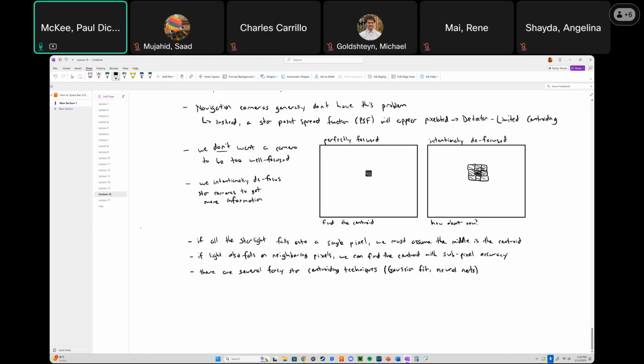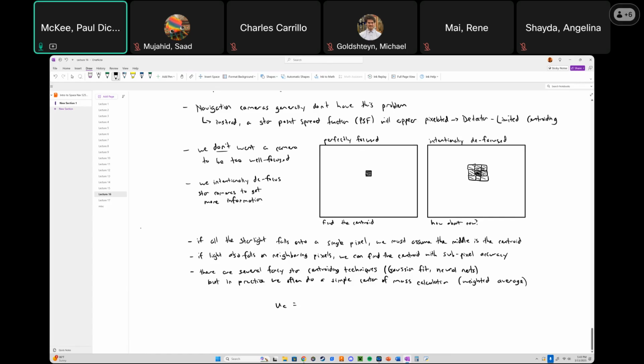But in practice, we often do a simple center of mass calculation, which is just a weighted average. So it would look like this.